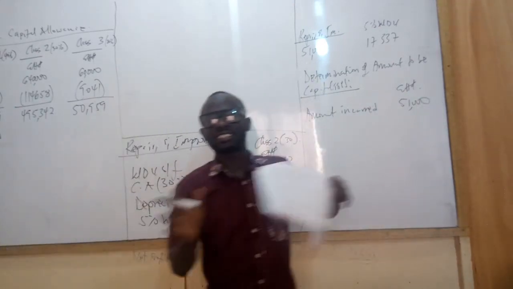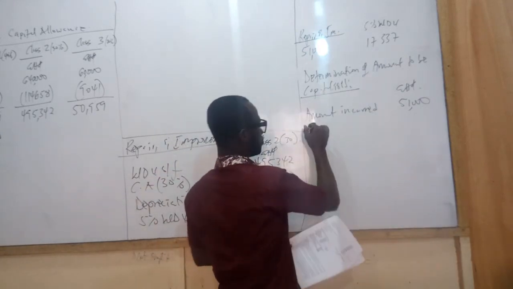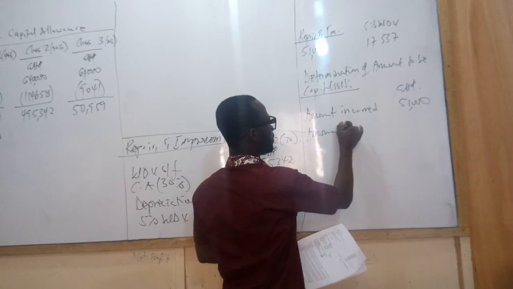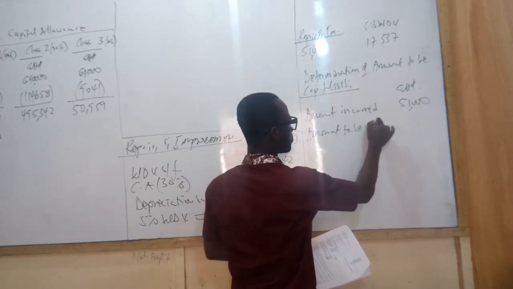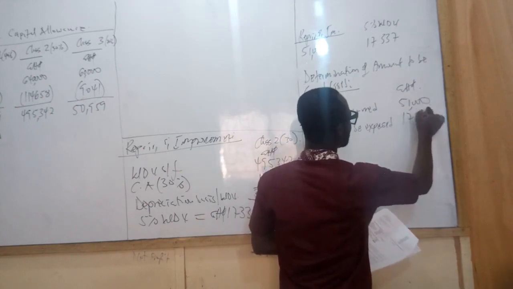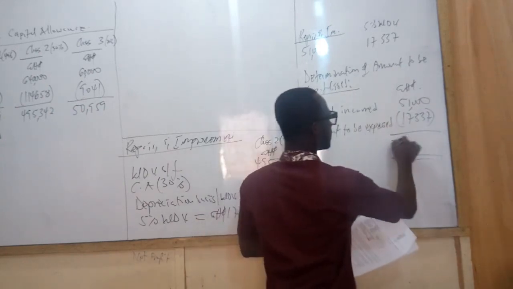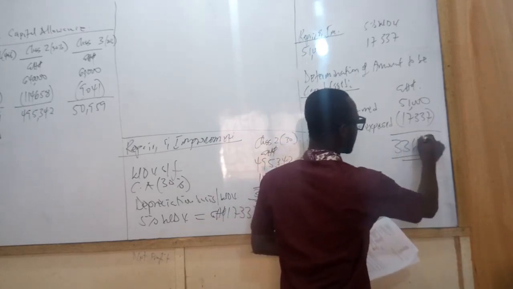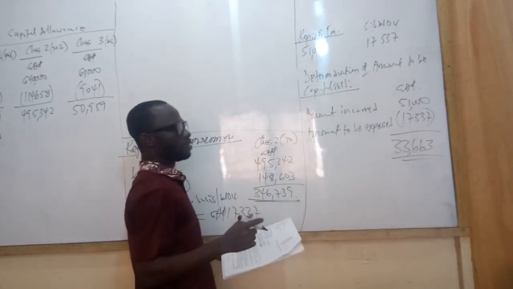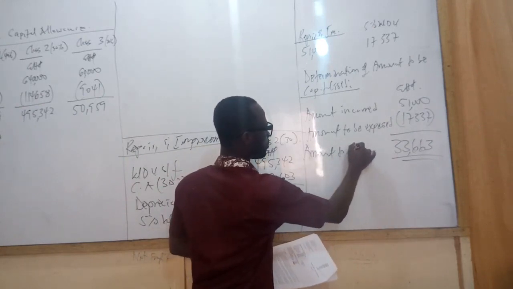Then we subtract the allowable, which is the 5% of the written down value. So amount to be expensed, which is 17,337. So when we subtract that, we're going to get 33,663. This becomes the capitalized amount, or amount to be capitalized.